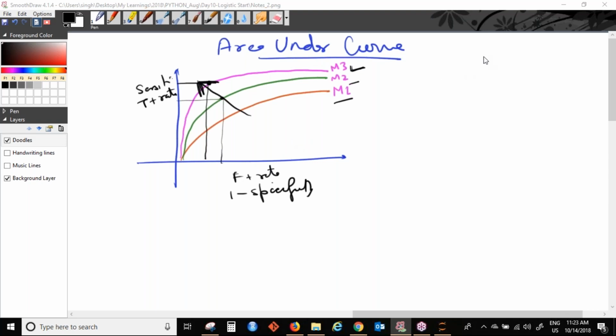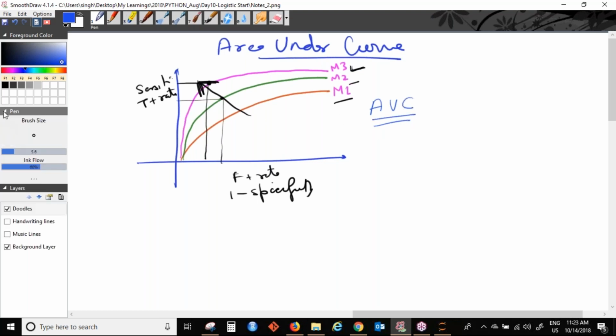Or in other words, another way to evaluate a model is by the area under the ROC curve, the AUC.